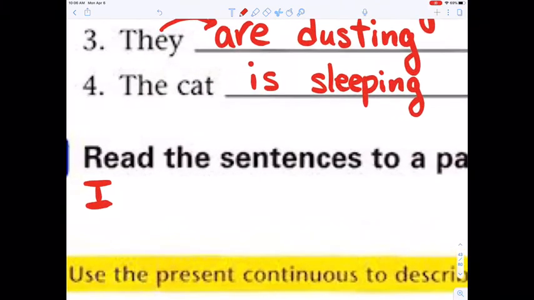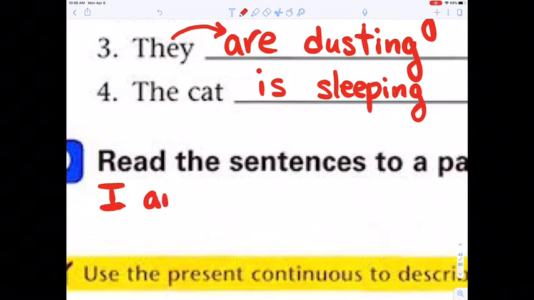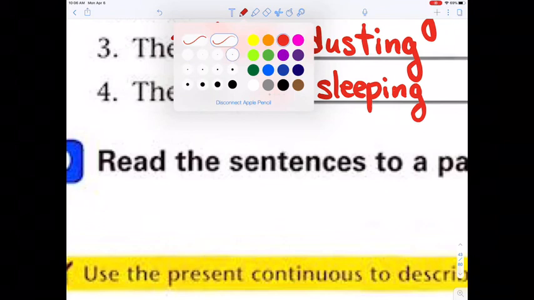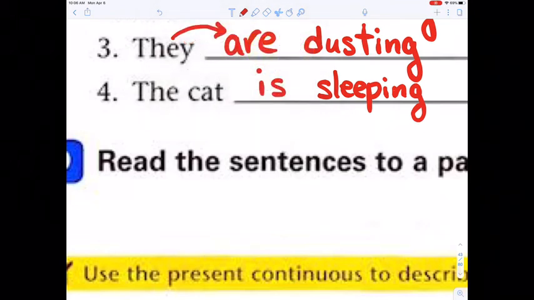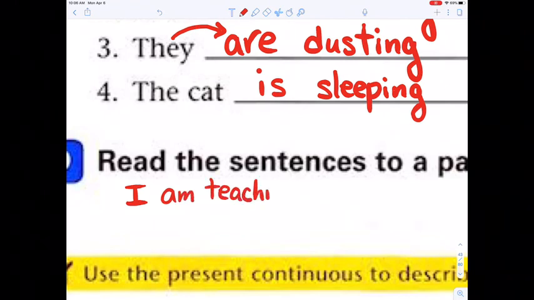I am teaching. Sorry, that makes it hard to see. Let me make that clearer. I am teaching English, because that's what I am doing right now.